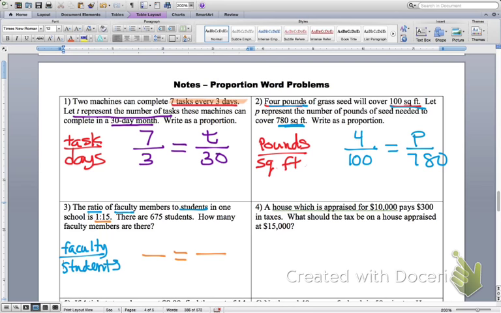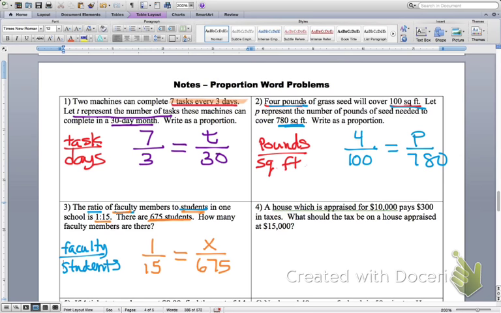So the 1 represents the faculty, because it's in that order they gave it to us, faculty to students, so 1 to 15. For every 1 teacher, there are 15 students. If the school has 675 students, so students would be at the bottom, how many faculty members are there? So again, they don't give us a variable here, so we are allowed to pick whatever we want to use. We can use just X for simplicity, or any other variable is fine. Again, we would cross multiply and solve to see how many faculty members there would need to be in order to have 675 students.